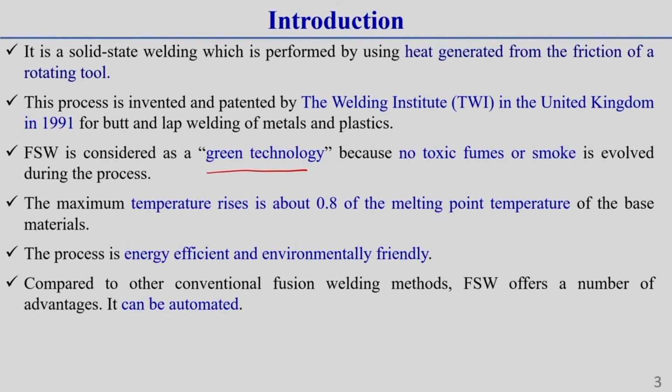The process is energy efficient and environmentally friendly. Compared to other welding processes, especially fusion welding processes, it has a lot of advantages. The fusion related defects or problems that arise during joining in fusion welding can be eliminated in friction stir welding process. Another thing to keep in mind is that this process can also be automated.